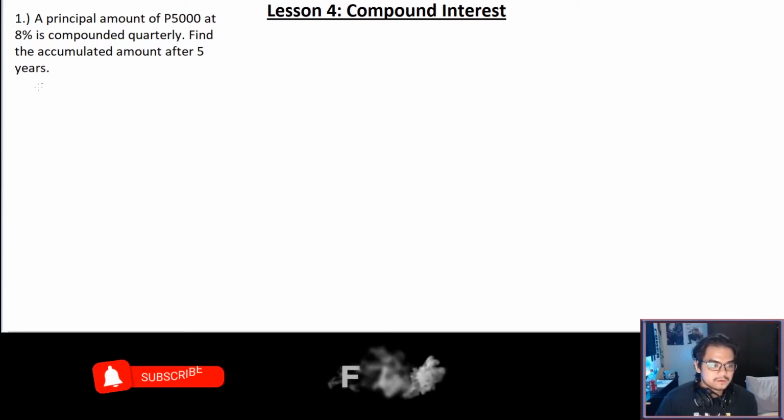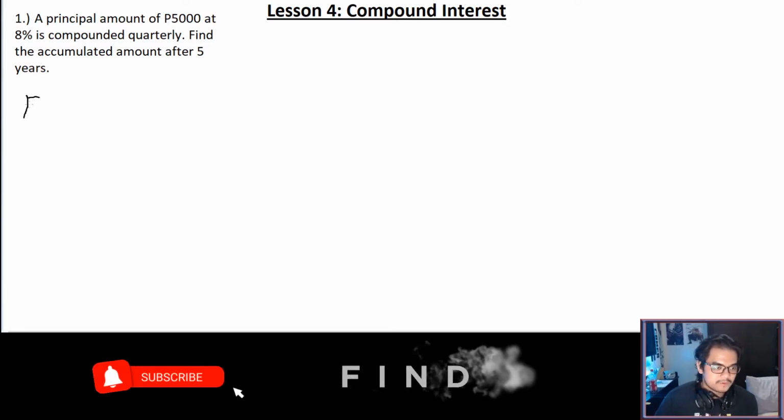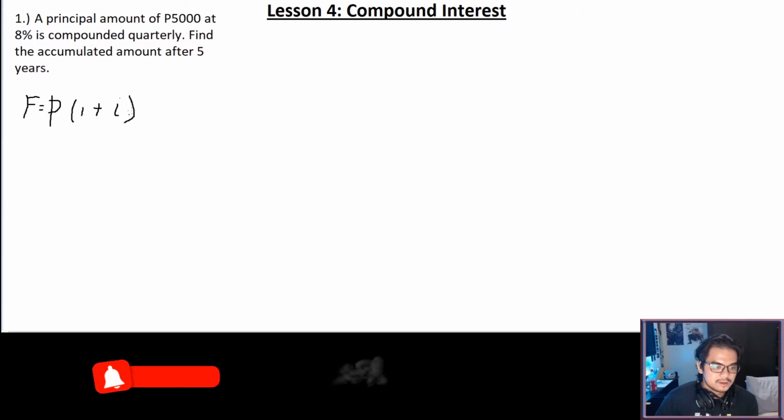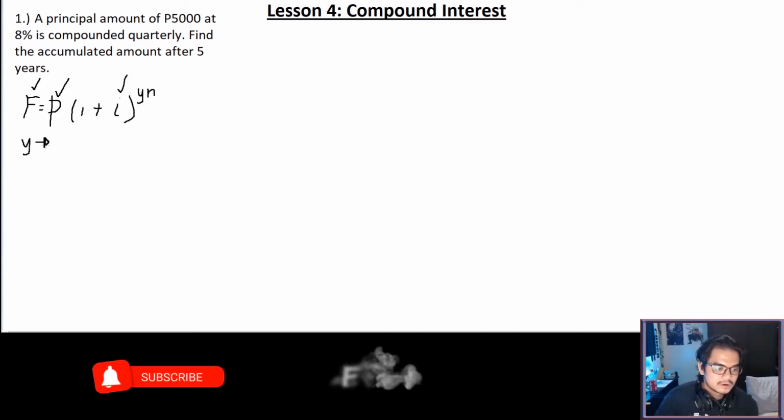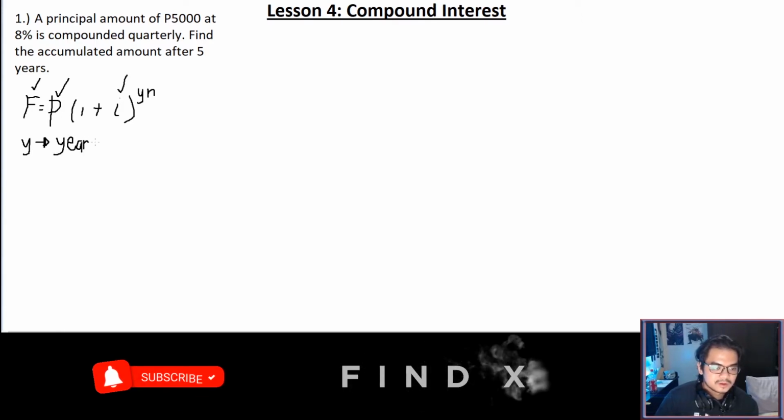Going back to the formula, we have F equal to P times 1 plus, this is either i or j, raised to yn. We already know that F is your future worth, P is your present worth, and i is your interest rate. Y is your years, or the time. And n is your method of compounding.